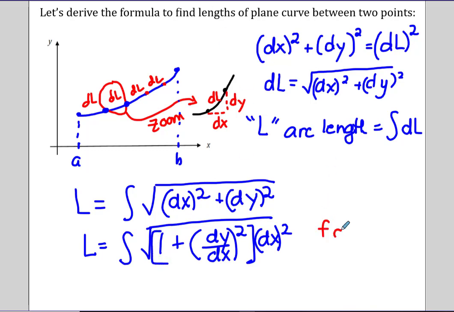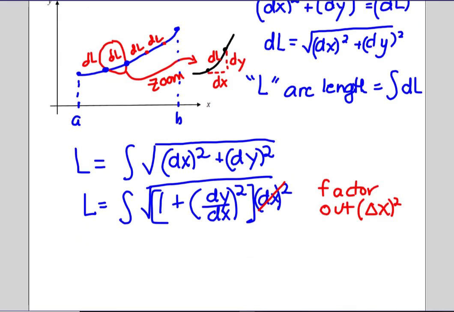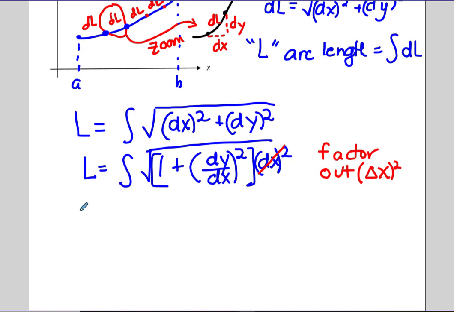So here we're factoring out the change in x, and then taking the square root of the change in x, that's going to get us dx outside.